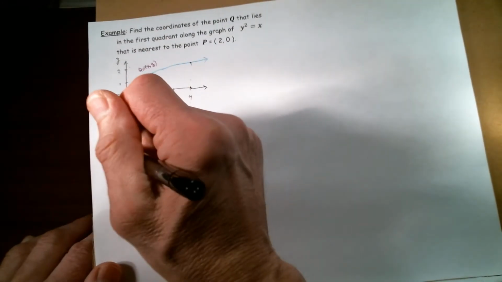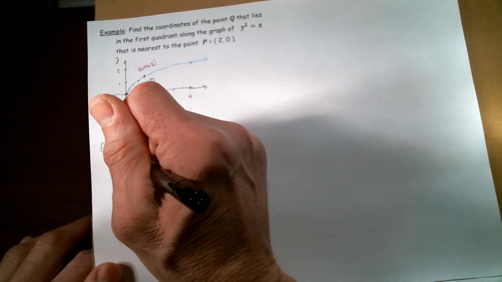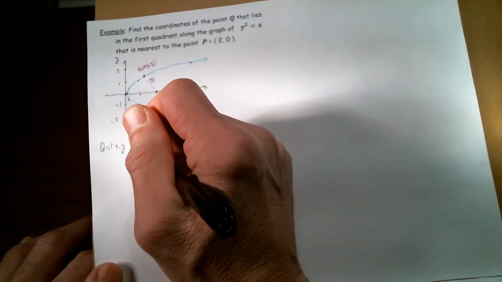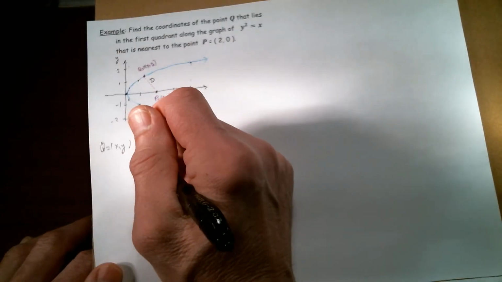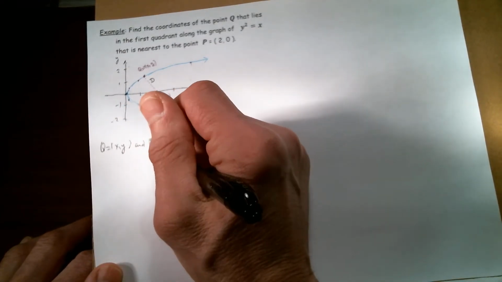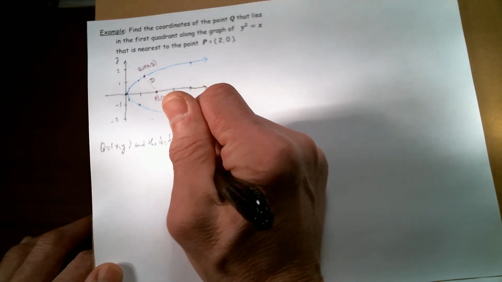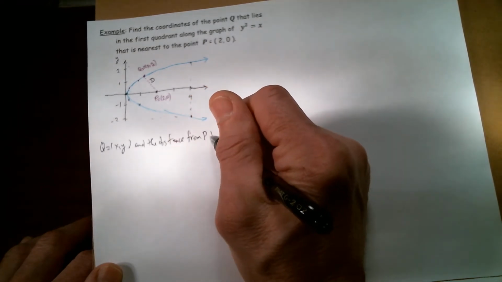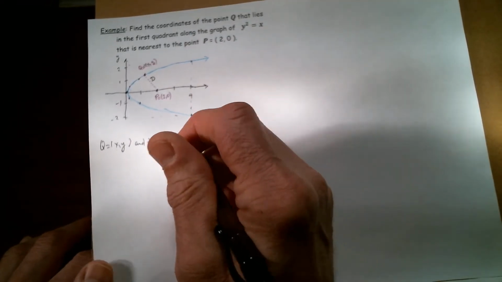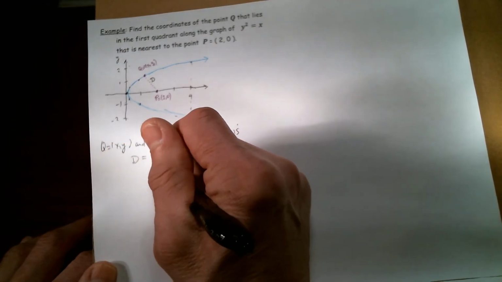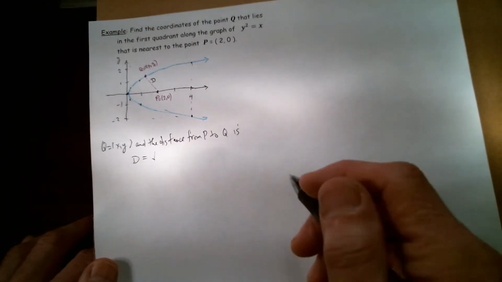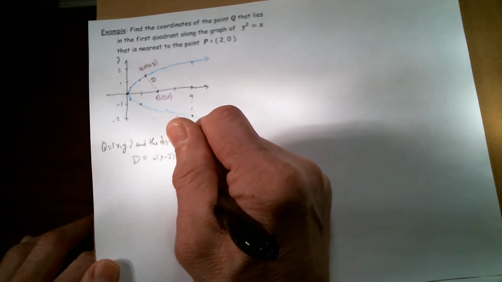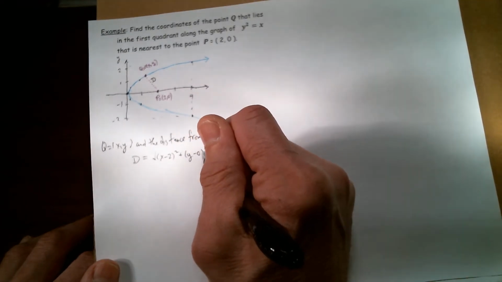So we said that Q equals (x, y), and the distance from P to Q is given by D, which according to the distance formula, we would take the square root of the change in x, x minus 2 squared, plus the change in y, y minus 0 squared.